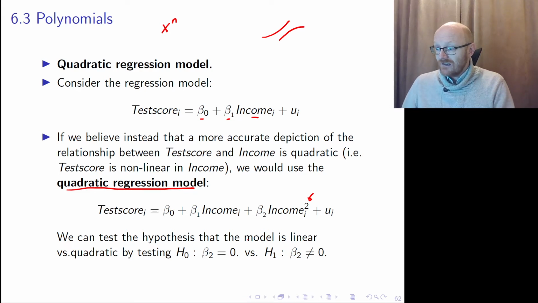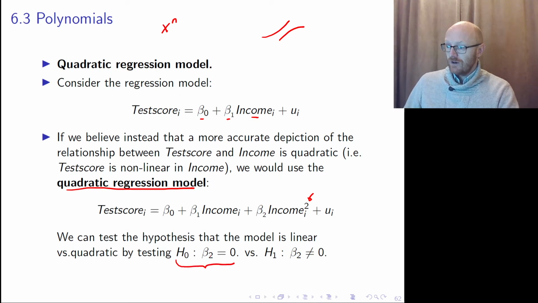And now we can test the hypothesis that the model is linear versus quadratic by testing the null hypothesis of beta 2, the slope on the quadratic term, by a t-test.